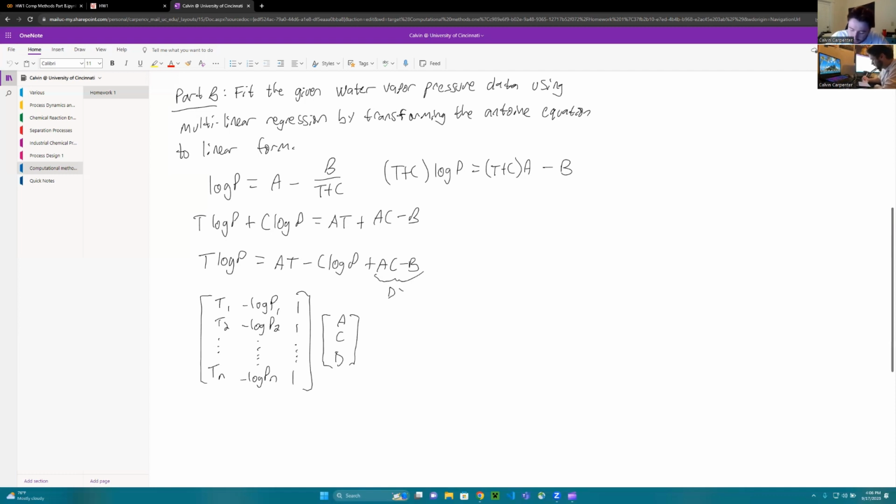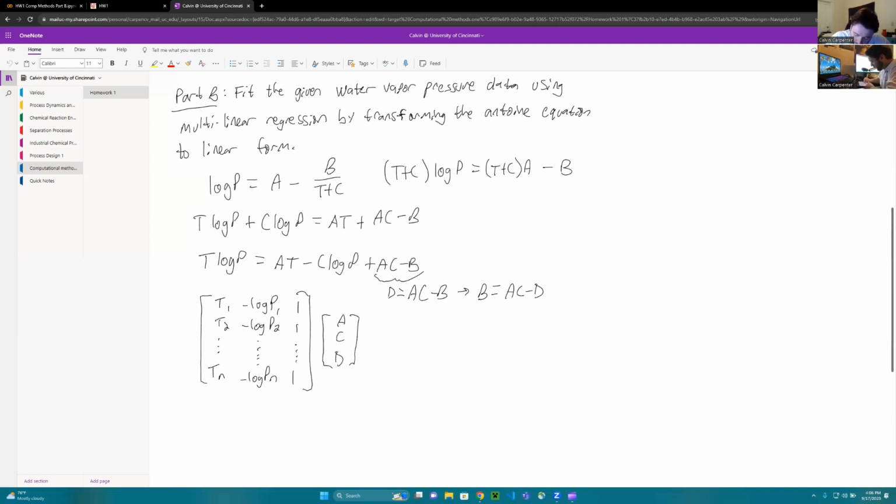So D equals AC minus B, and then this can be arranged to B equals AC minus D. So that'll be our D in this equation here.